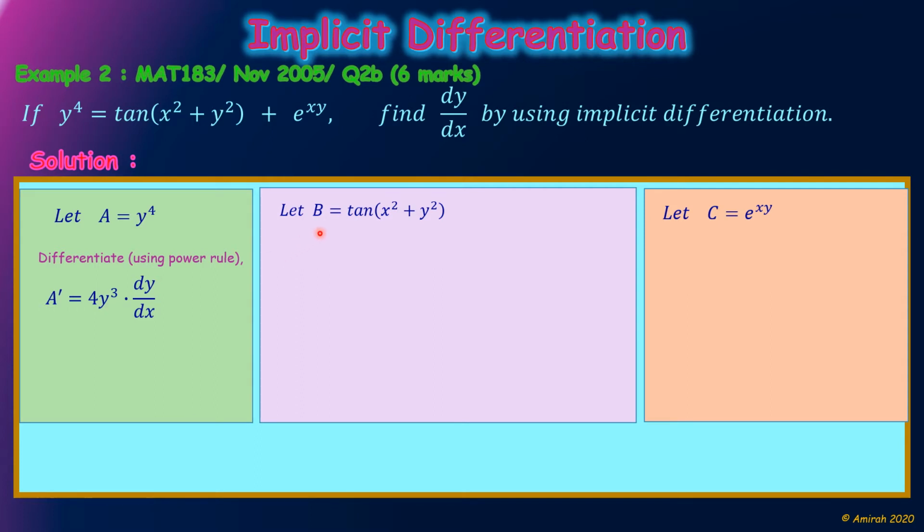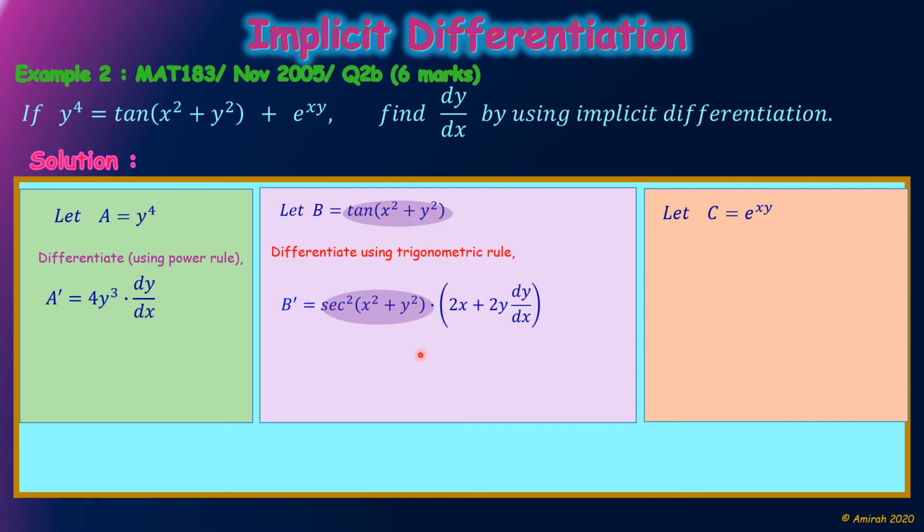Alright, then we differentiate b. We can use the trigonometric rule because we have a trigo function here. So when we differentiate b, it becomes b prime. To differentiate tangent (x squared plus y squared), we can refer to the formula: derivative of tangent x equals sec squared x.